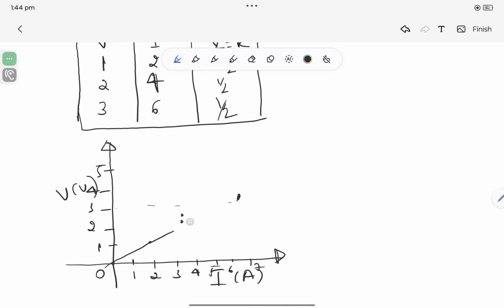Connect these 3 dots and it will come as a straight line. If you take the slope of this, you will get resistance. R is equal to slope, which is equal to V by I.